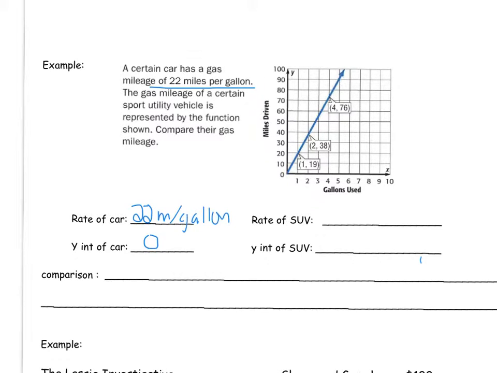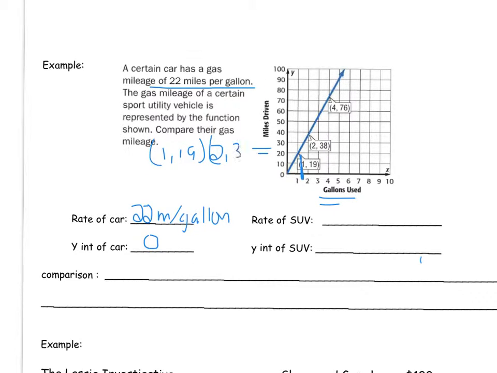So the rate of the SUV, how can we find that? Well, again, we are given the number of miles driven for 1 gallon. If you were not, though, I want to just remind you that you could use this method.